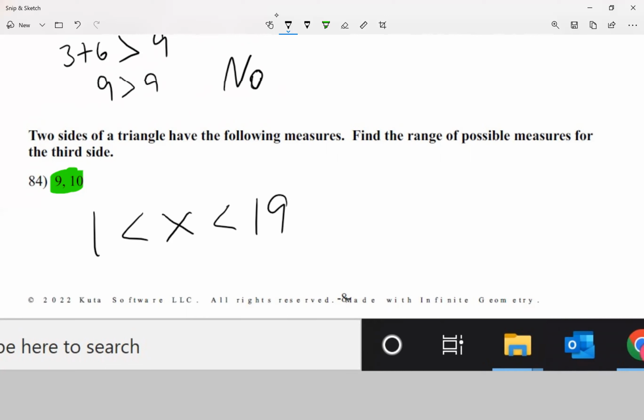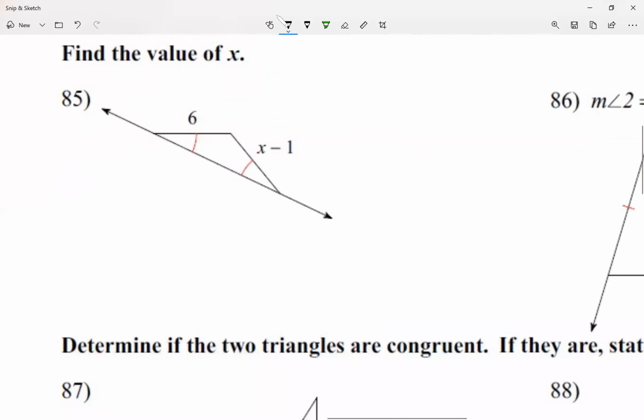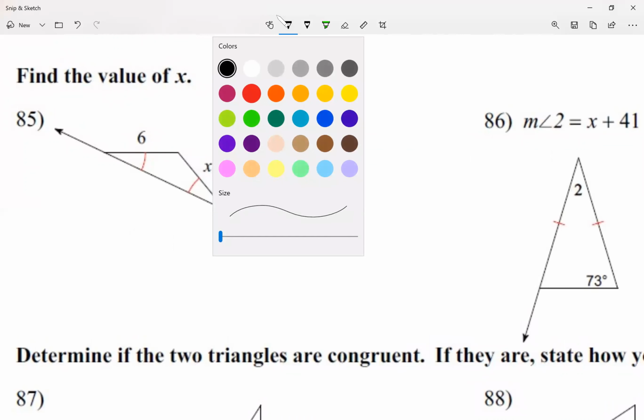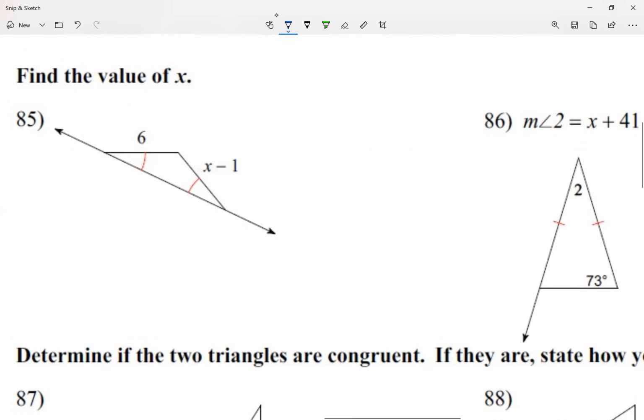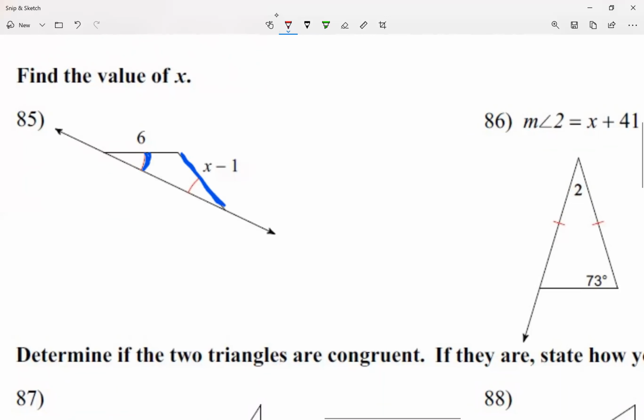All right, I said I was going up to 86, so let's take a look at number 85. Find the value of X. Now here, there are 2 angles marked. I'm going to emphasize this. This angle is marked, and that is opposite from this side. But I also have this angle marked, and that is opposite to this side.